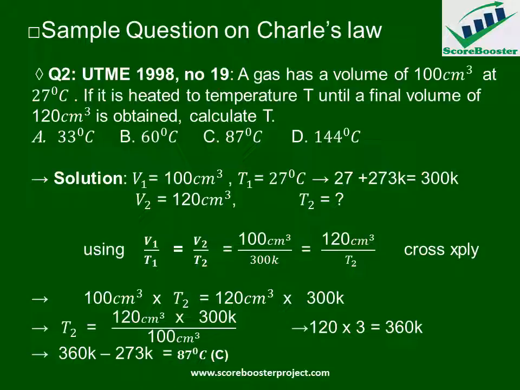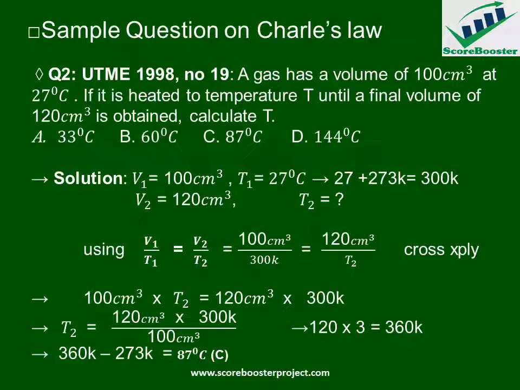120 cm cube times 300 Kelvin over 100 cm cube, and that will give us 120 times 3. Of course, 100 in 300 will give us 3. So we arrive at 120 times 3, which is 360 Kelvin.